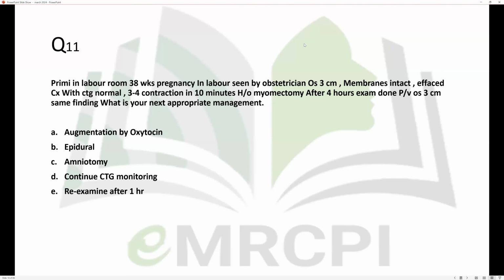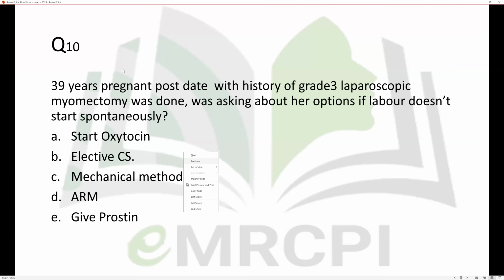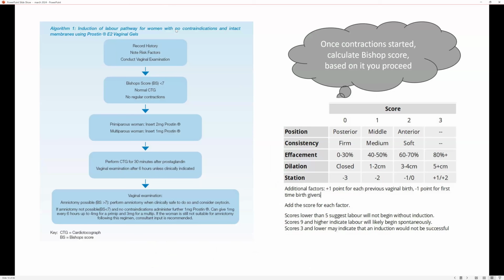So I know it's a bit tricky, but you should understand the difference between onset of labor, which is spontaneous onset, or when there is a need for induction. The induction algorithm is different. So let's see, this is the induction algorithm, and this is for a patient who receives Prostin. Prostin effect will not last for long, so I have to complement the method. That's why I follow the Prostin with amniotomy for the natural release of prostaglandins.